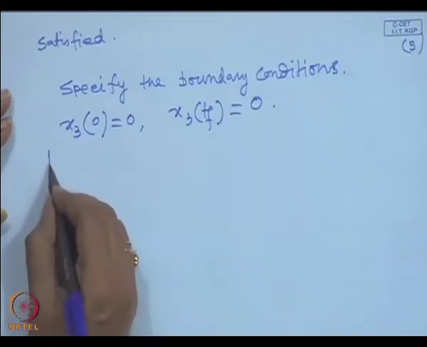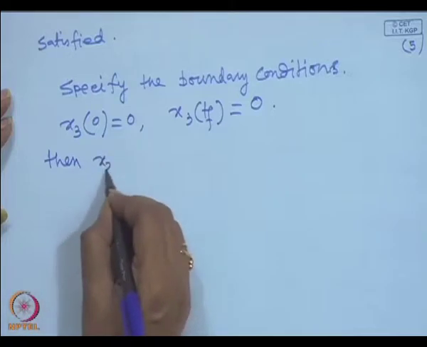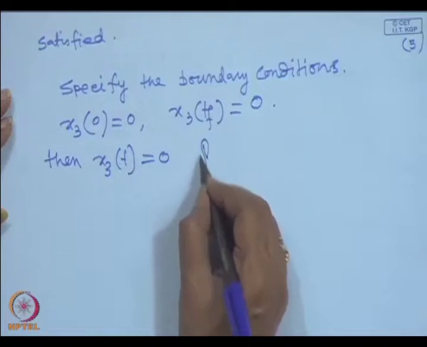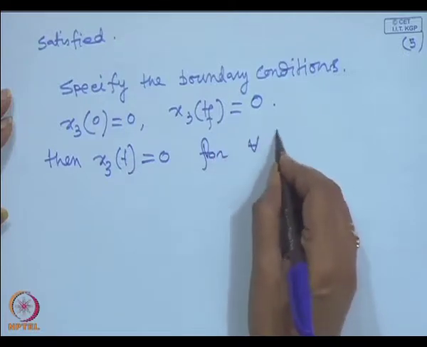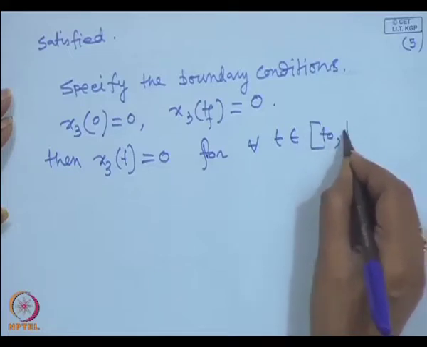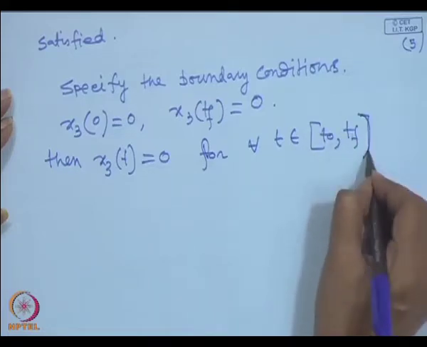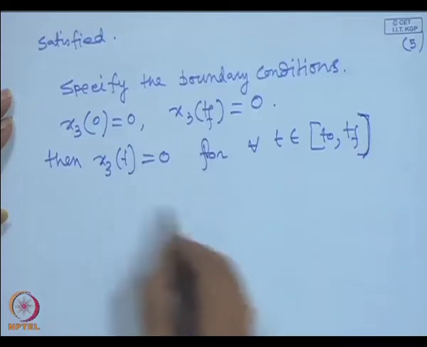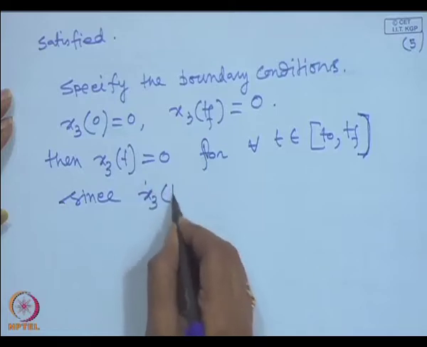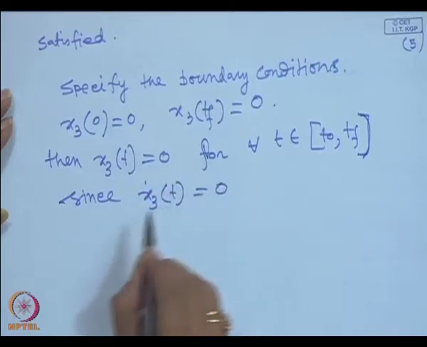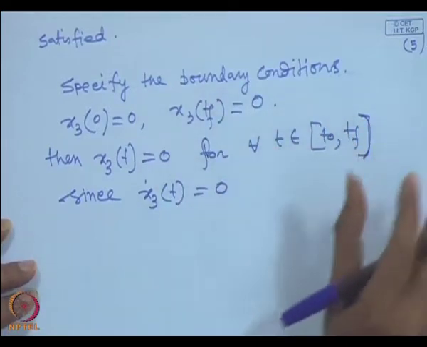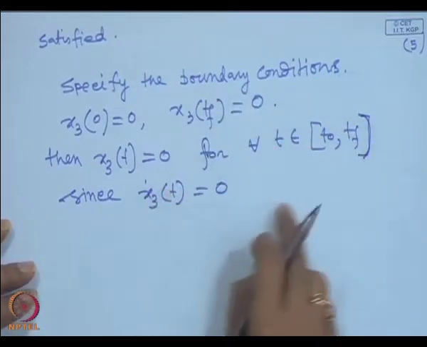Then immediately you can write that x 3 of t is equal to 0 for all t belonging to t 0 to t f, since x 3 dot of t is equal to 0. Why x 3 dot 0? Because during this interval if all constraints are satisfied then x 3 dot of t is 0.